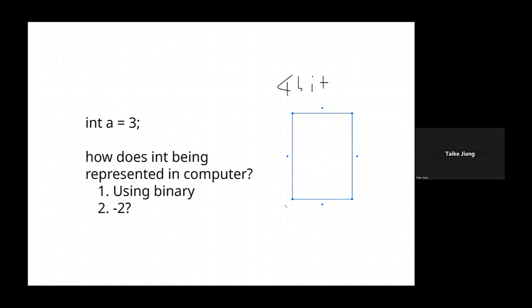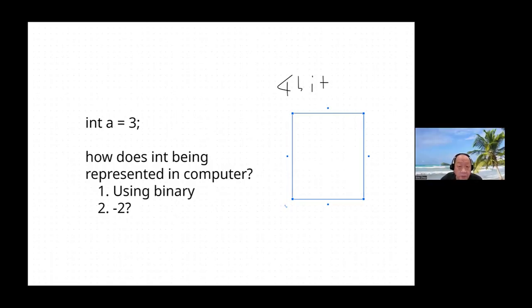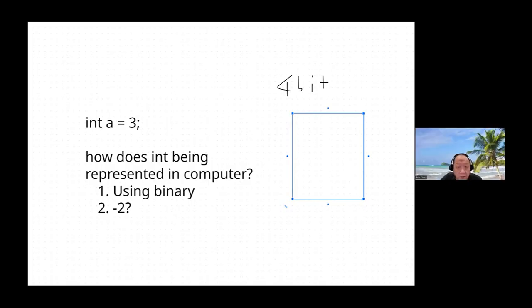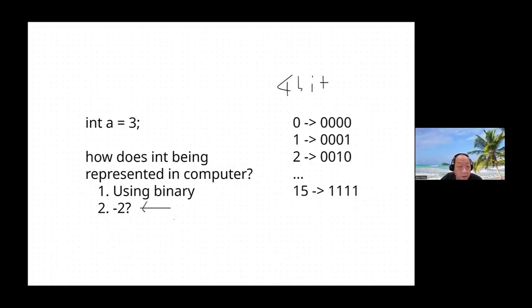But these are purely positive. Then how can I store -1 or -2? There's a question, right? Okay, we will answer it later.